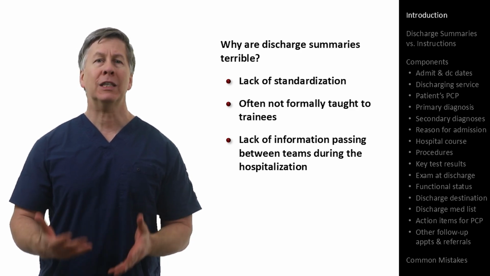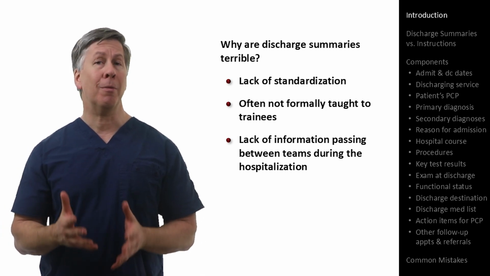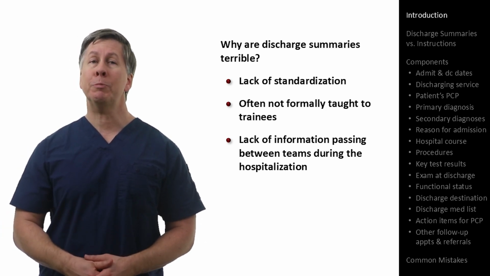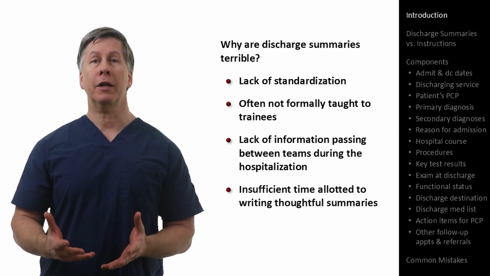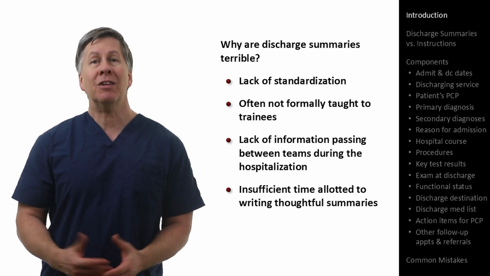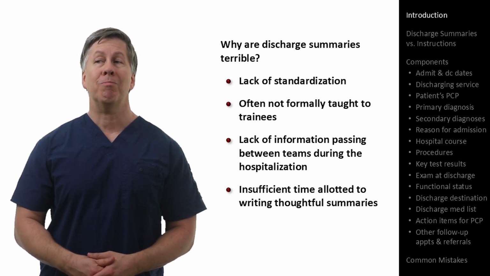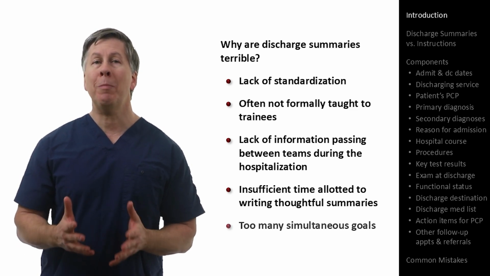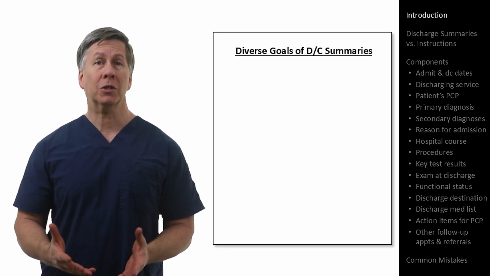When there's a transfer of care, no matter how good the sign-out seems to be in the moment, there will always be information lost. There is insufficient time allotted to writing thoughtful summaries. And last, and I think this is the biggest reason DC summaries are sometimes terrible, they are trying to achieve too many simultaneous goals.